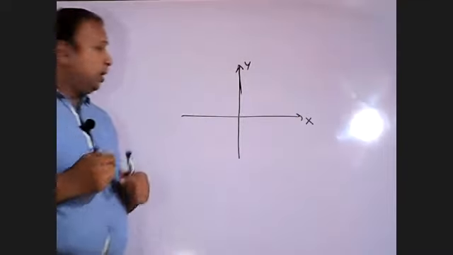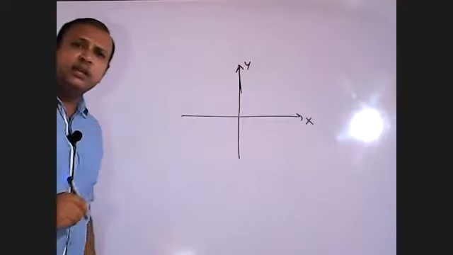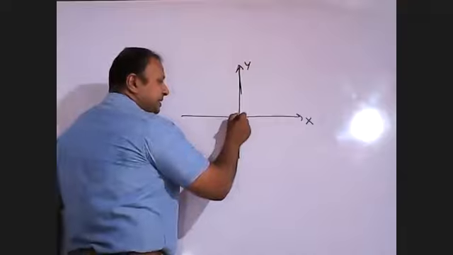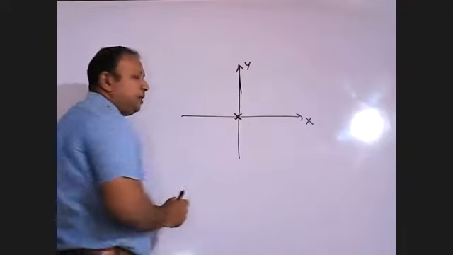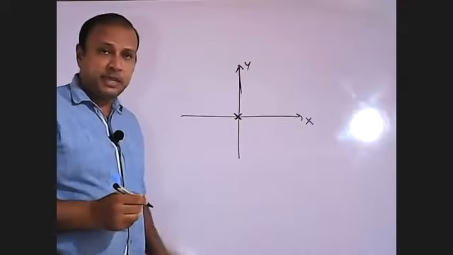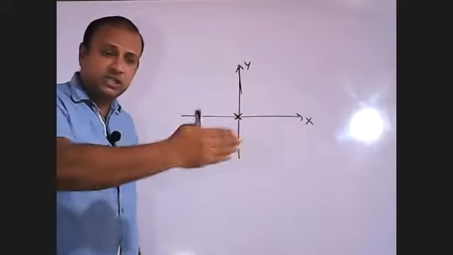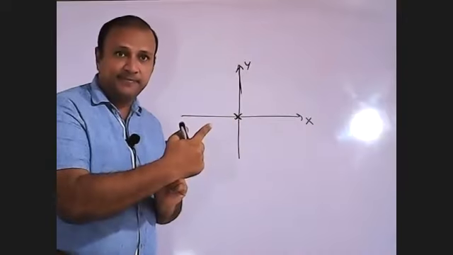A unit circle is the circle whose center is the origin of this Cartesian plane, and the radius of that circle is unit 1.